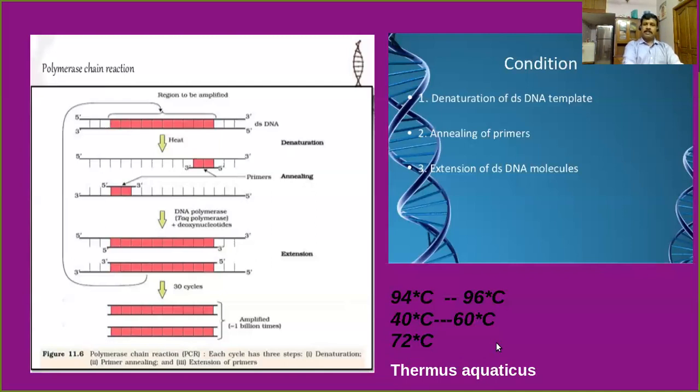It means such a bacterium is able to survive in high temperature. You just think about it, children, all these phenomena, the denaturation, annealing, extension, occur at different temperatures. So we have to use the DNA polymerase which has the capacity to survive in high temperature. That's why we have extracted Taq polymerase from a bacterium named Thermus aquaticus, commonly used in polymerase chain reaction.